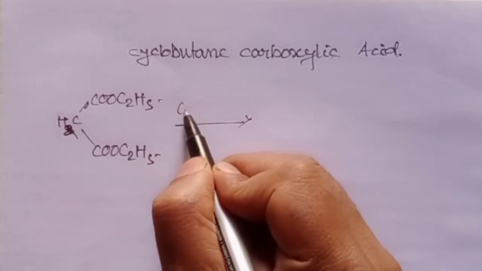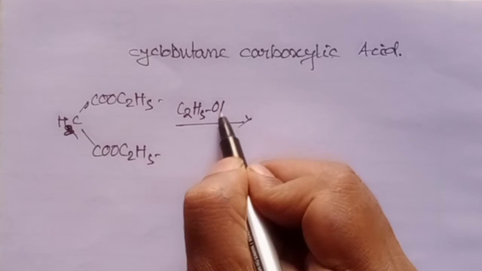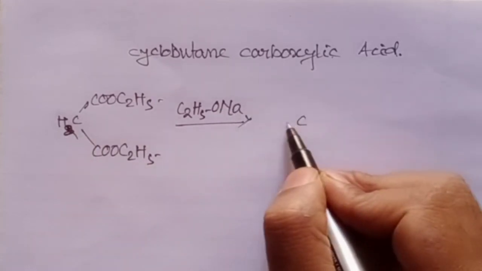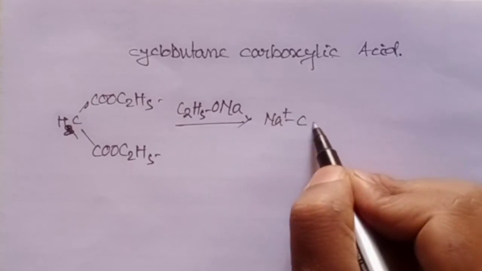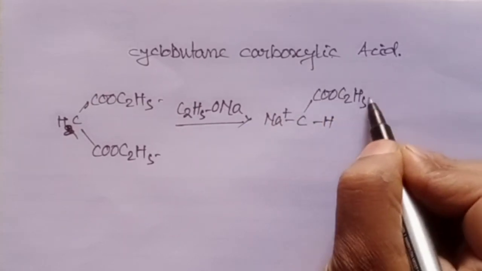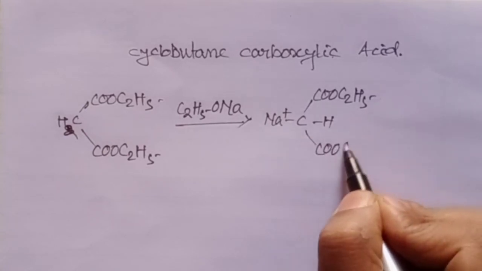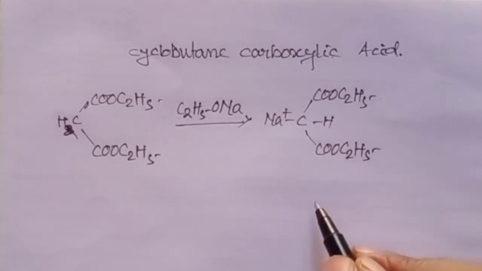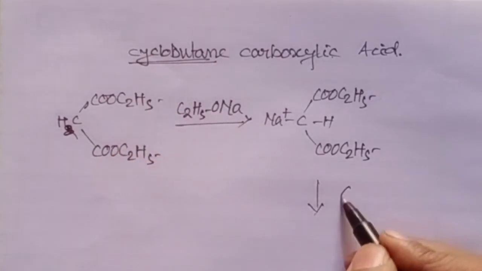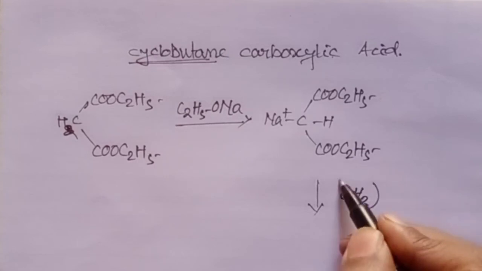I have to add the base C2H5ONa, which will remove the most acidic proton, and Na plus. H will be here. Here COOC2H5. Here also COOC2H5. Then, if it is cyclobutane, then you just say it.